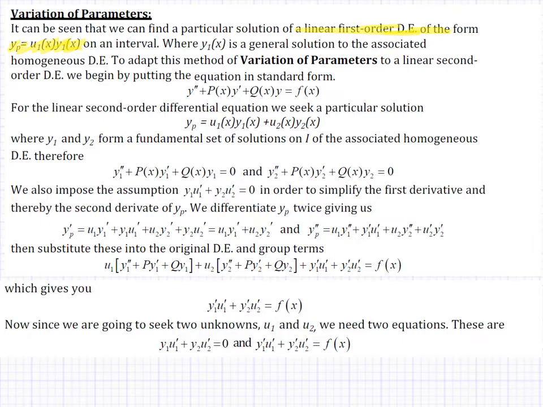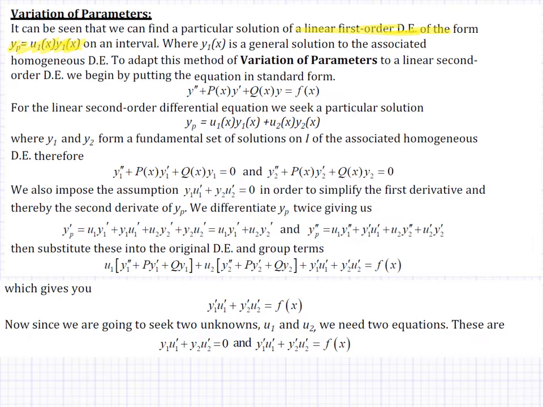Now, what variation of parameters says is, well, if that works for a first-order non-homogeneous differential equation, then shouldn't we be able to form something similar for a second order? All right, and that's really the idea here.